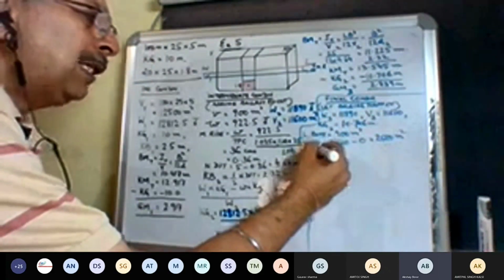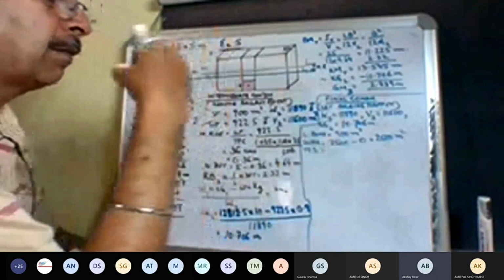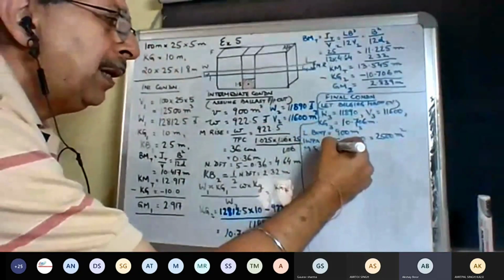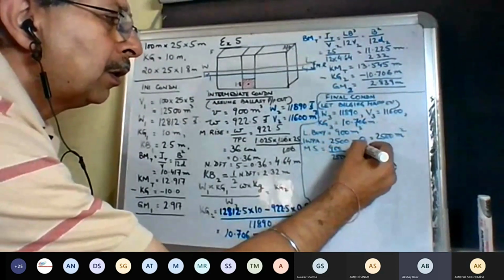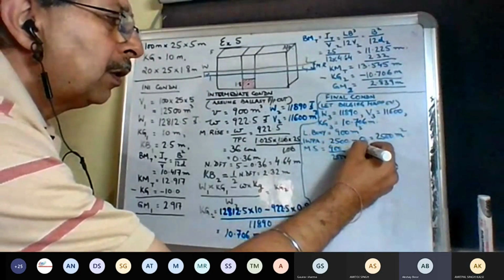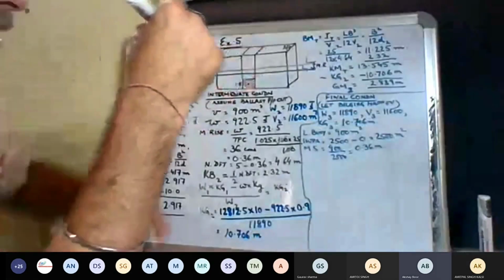Now my ship will sink. The sinkage will be 900 divided by 2500, which is equal to 0.36. And now I will again sink.